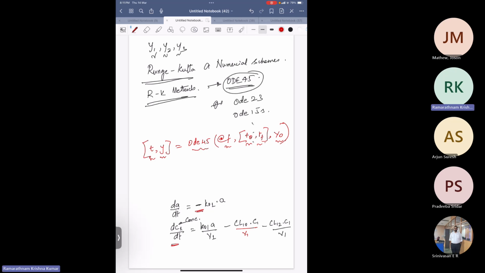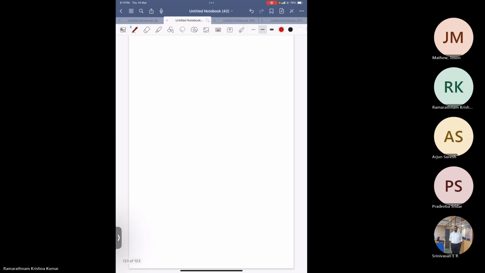So we will look at a one compartment model just to understand how this is done. Let me tell you what this thing here is, and then we will go to our ODE and see how we can do this.